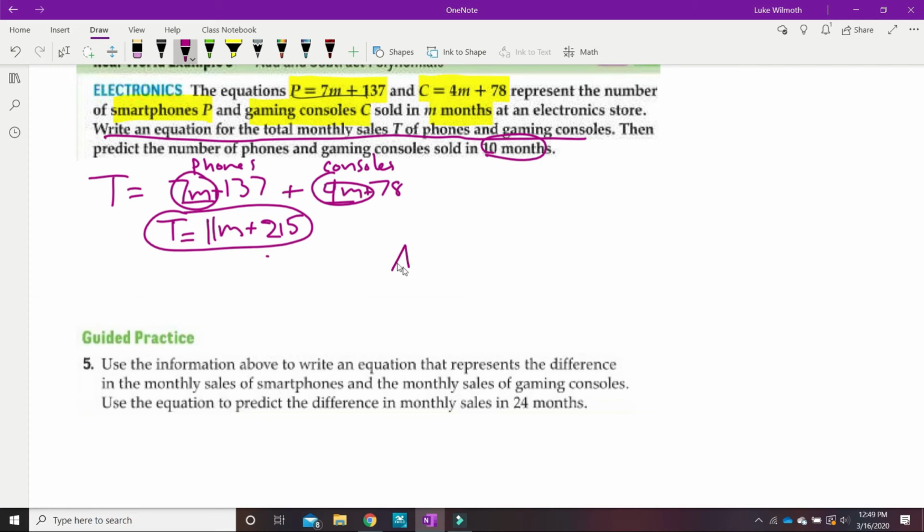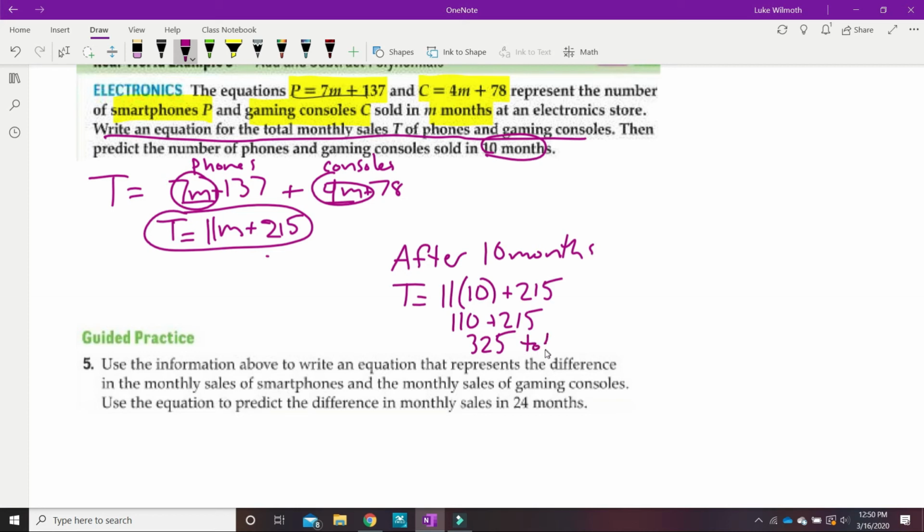So after 10 months, the total is 11 times 10 months plus 215, which is going to be 110 plus 215, which would be 325 total devices sold after 10 months.